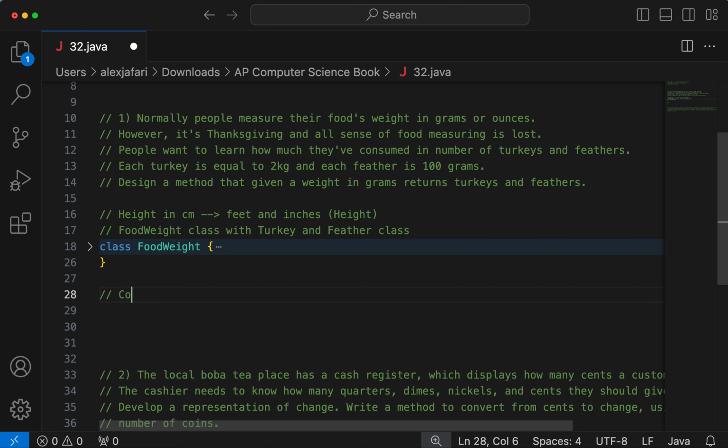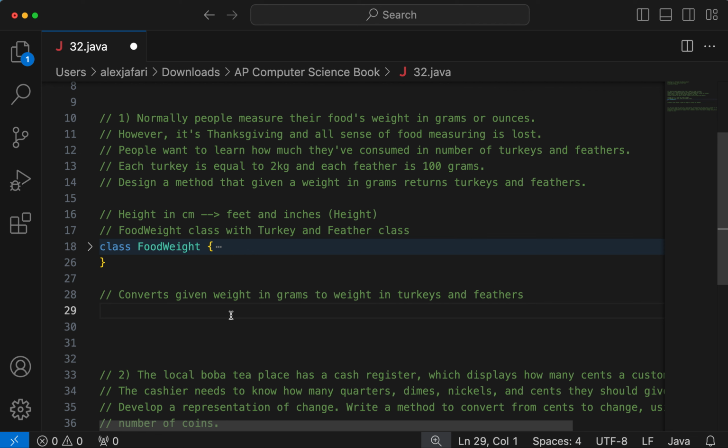Conversion of weight to grams. Okay, so it's not going to be into grams, it's going to be into turkeys and feathers, right? So it converts given grams to weight in turkeys and feathers, right? Right. Excellent.